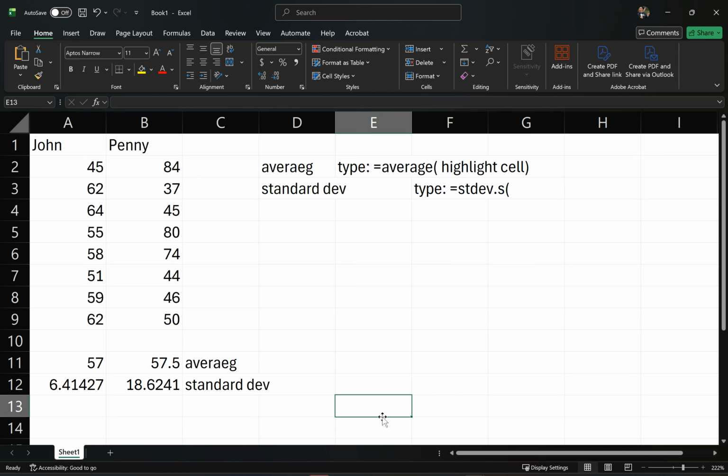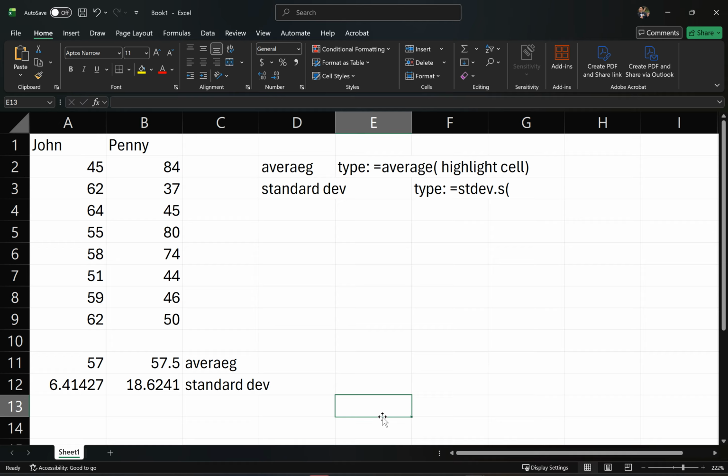Standard deviation, now this is where I was trying to tell you. Let's remind the U12s again. What's standard deviation? It's how far away from the mean. So what's the average, right? Now John has 6.4 away from the average. Penny has 18% away from her average.